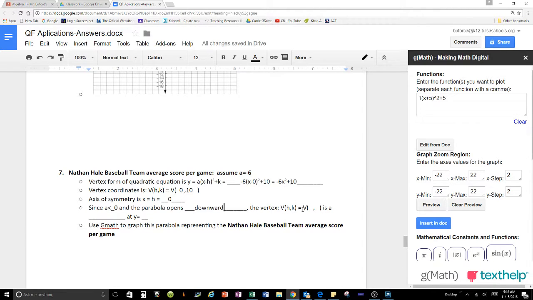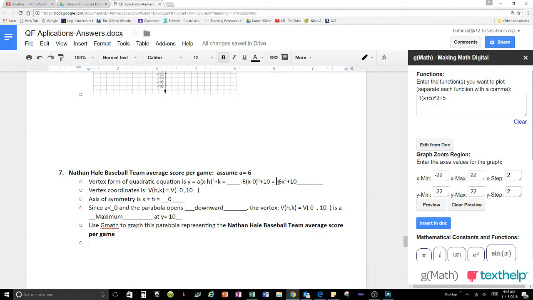And the vertex V(h, k), which is (0, 10), is a maximum at y equals 10. Okay, so let's graph that.